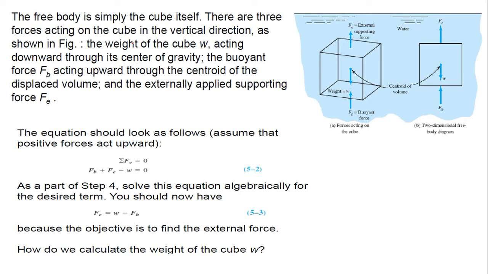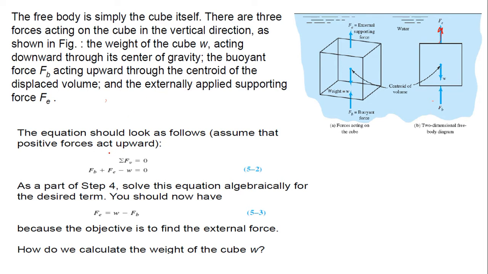You have your FB going upward, and you have your weight going downward, and let's assume the FE is going up. Don't worry about which direction first, because you're going to find out whether your assumption that FE is going up is correct or not by the value of your magnitude. In this case they assume it goes up.